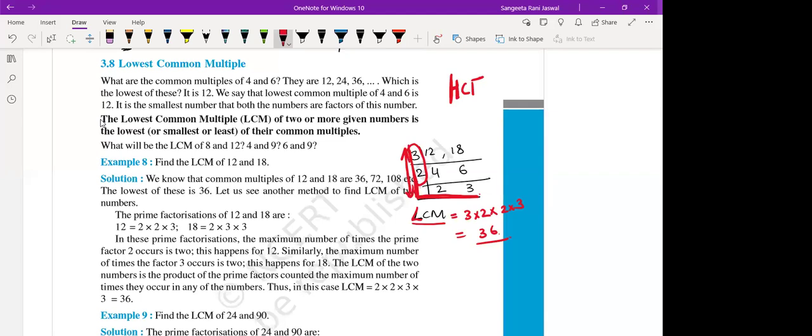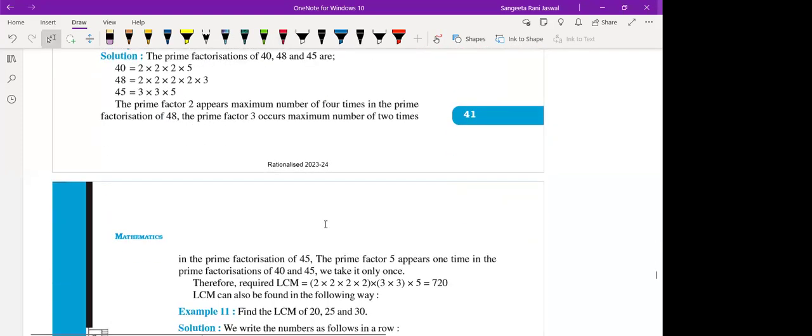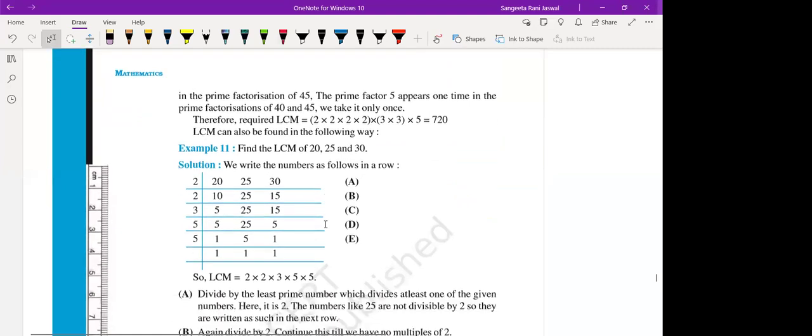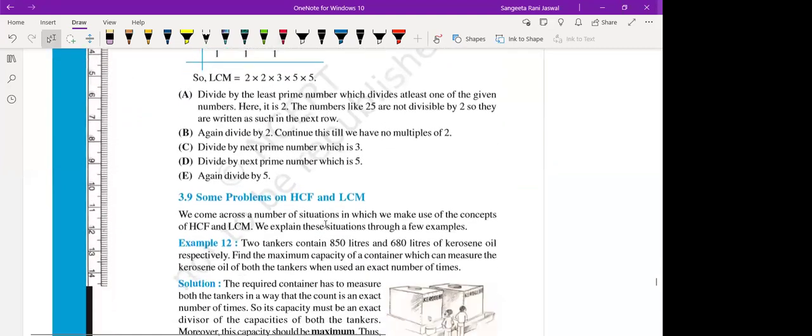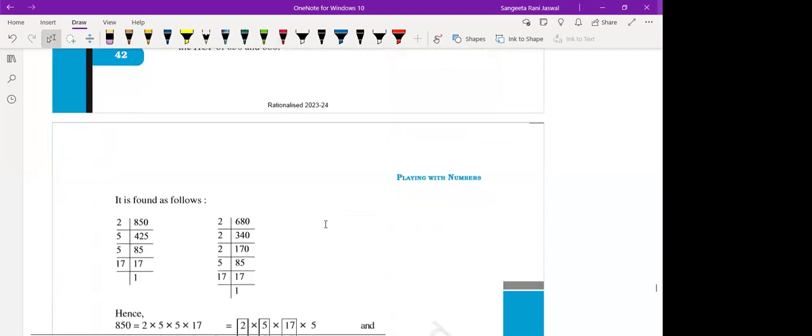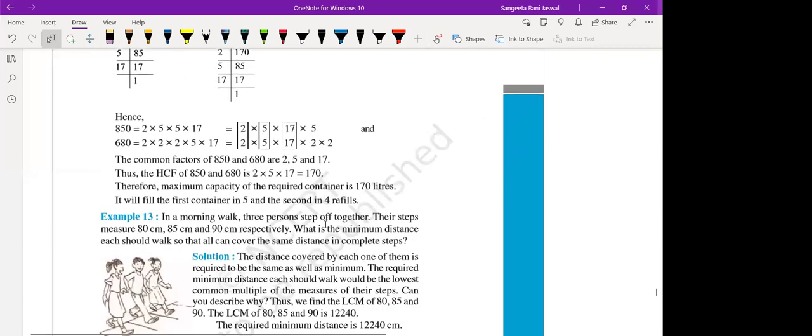We just multiply the numbers which are here in front. Just a memory trick to remember. Don't get confused between HCF and LCM. In LCM, you have to multiply all the numbers.